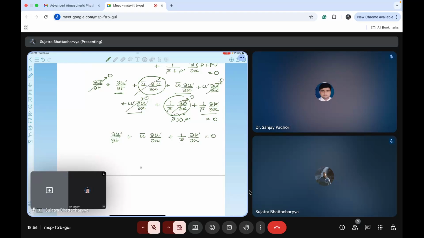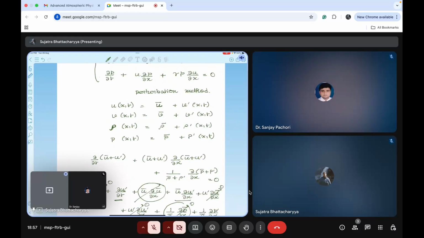So from the next time onwards, I will not write all the terms, just write the actual perturbation equation. Whenever you derive, you write all the equations, apply the perturbation method, and see whether you are getting this expression or not later. Okay.